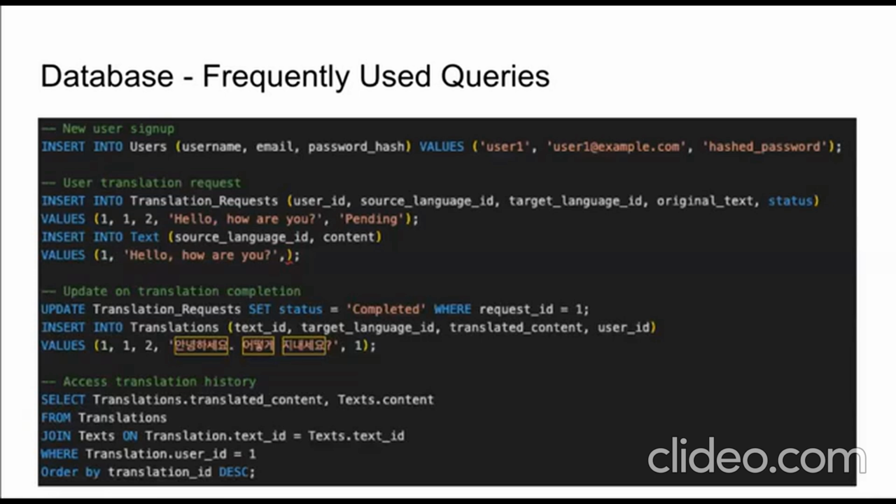So when our user wants to access their translation history, we go to our translations table, and join it with our text table based on the text ID. And then we can extract the content the user input to be translated, and also our actual translated content side by side, and organize them in descending order based on the translation ID, so that the most recent translation history gets shown first.